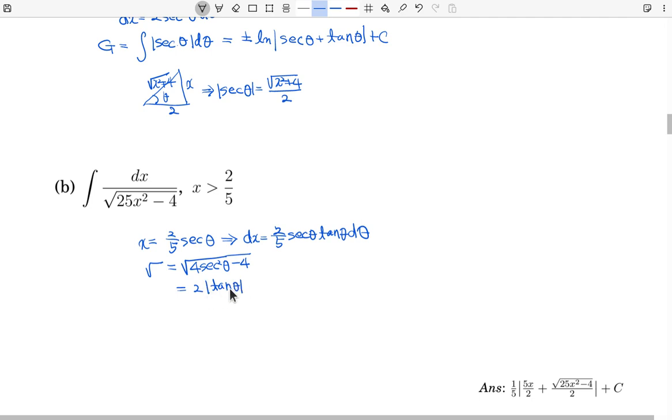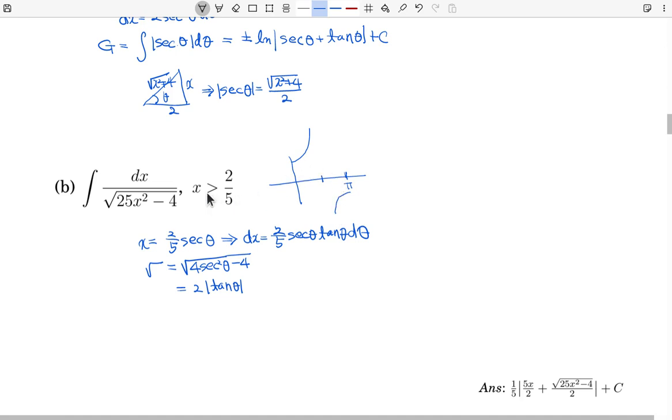And here x is larger than 2 over 5. That means sec theta is larger than 0, and the angle is given from here, in pi and in the half, where sec is coming this way and coming down that way.